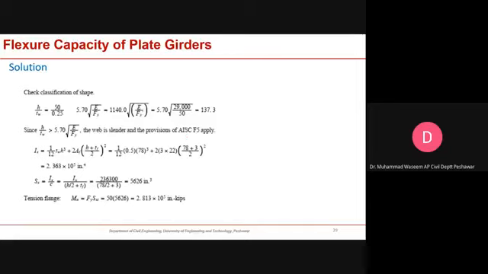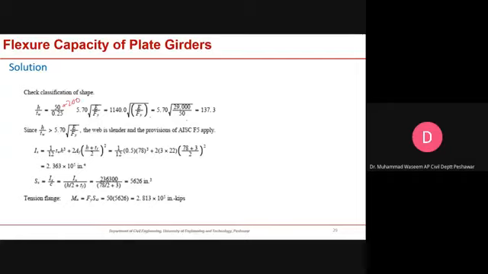So you do the web classification, and obviously it is going to be a slender web. Let's see. This is 50 divided by 0.25, which is 200.